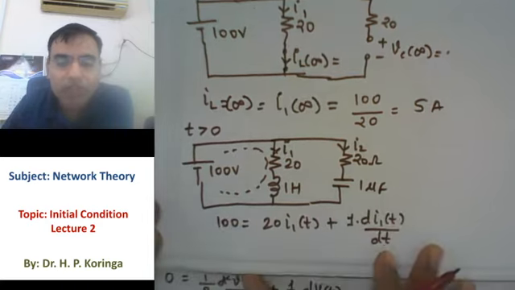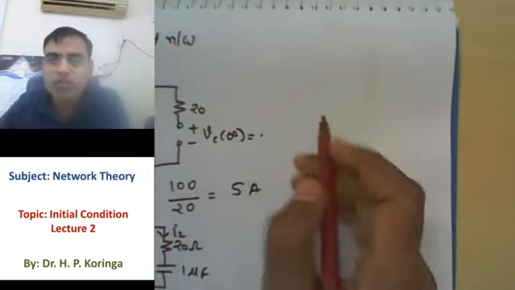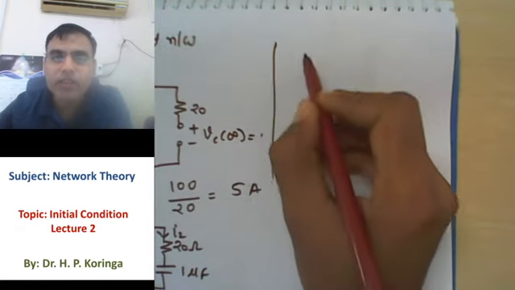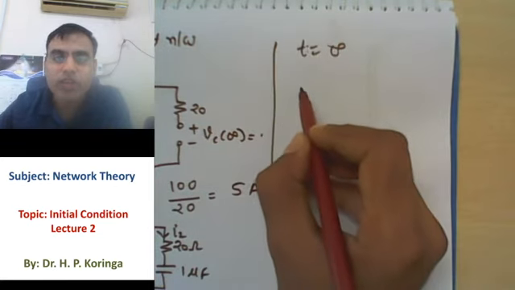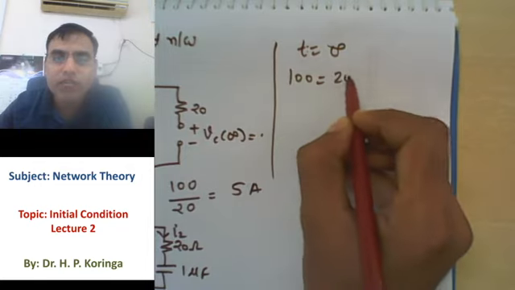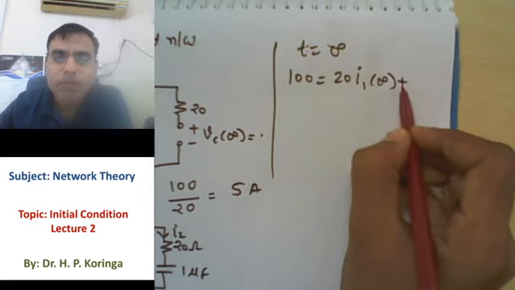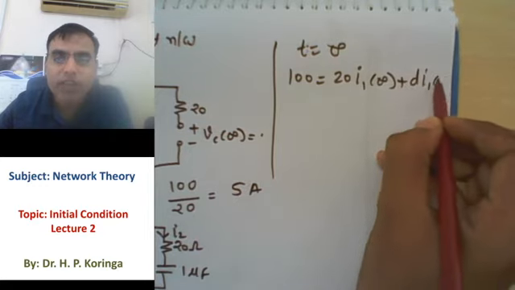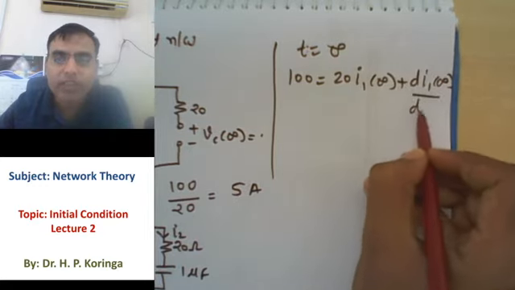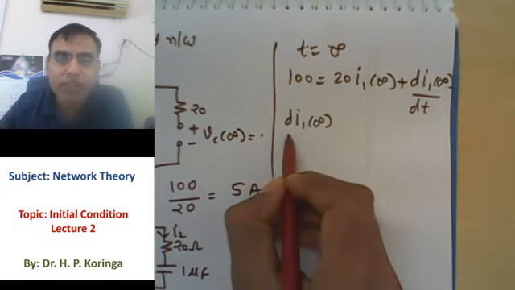Let's substitute in this equation t is equal to infinite. So we'll get 100 is equal to R, which is 20, into I1 of infinite plus di1 of infinite divided by dt. Our interest is to find out di1 of infinite divided by dt.